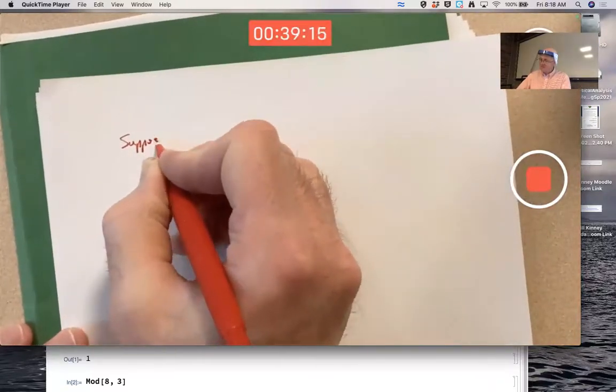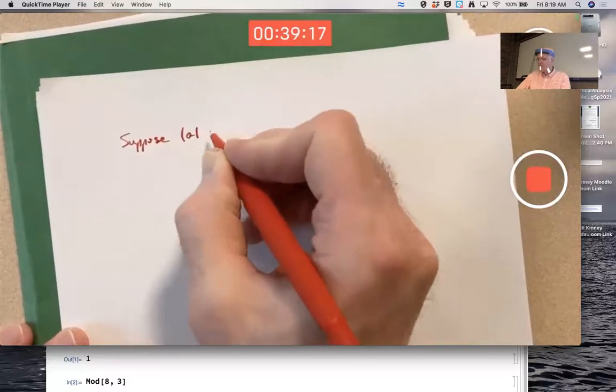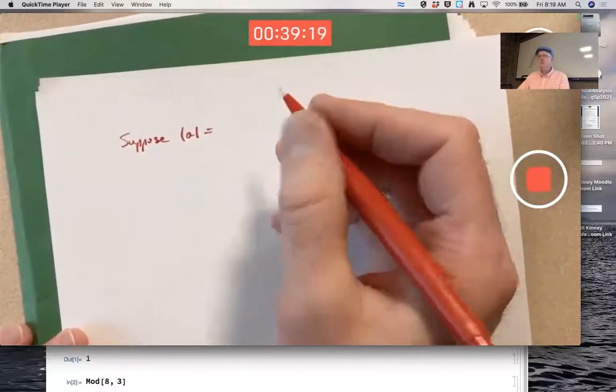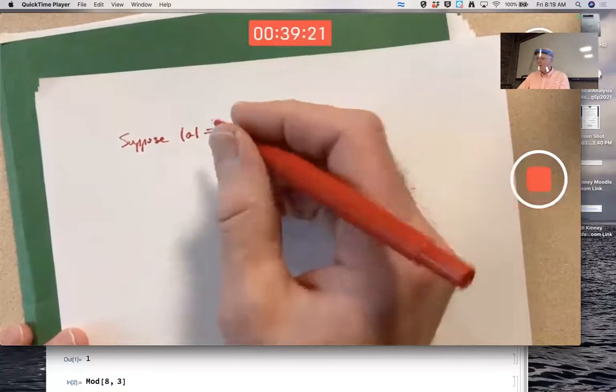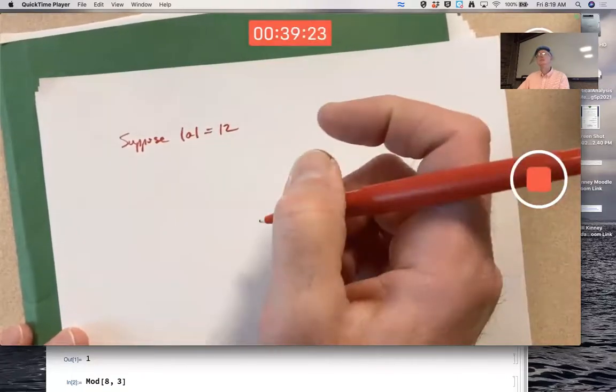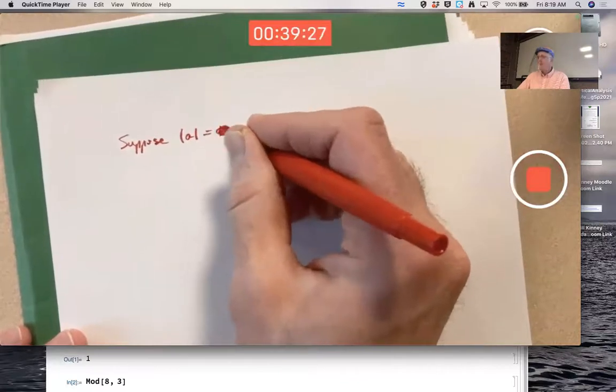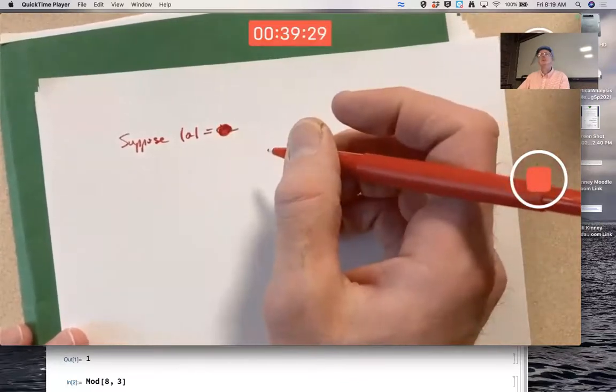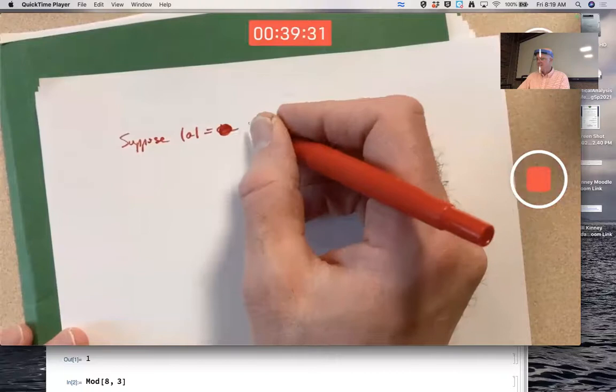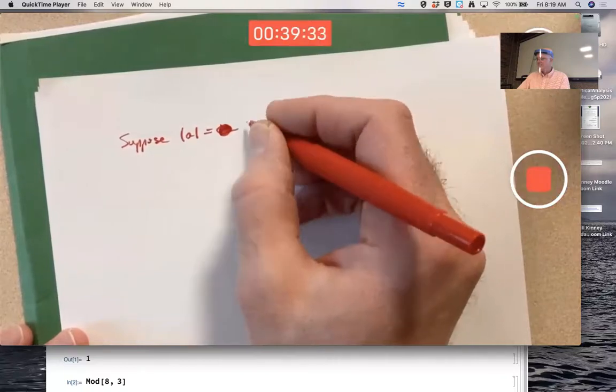Suppose, take an example, a relatively small order, maybe order 12, or we thought about Z12 the other day. Let's pick a different one: order 20.